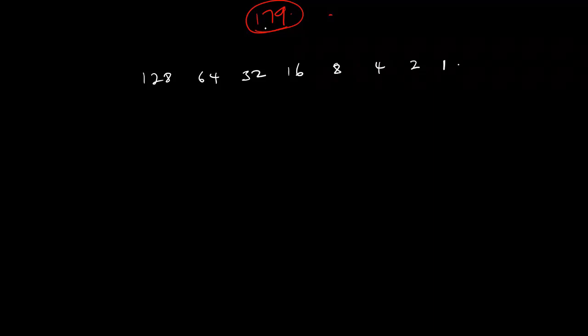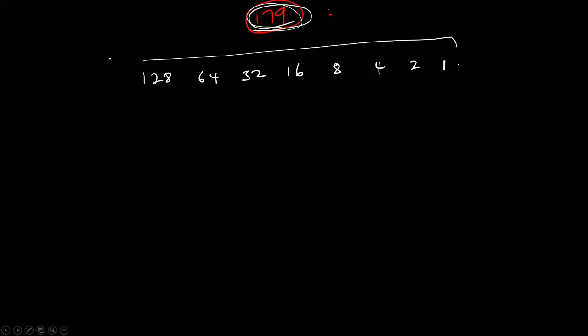So what we are going to do is subtract these numbers from this one by one. We start by subtracting from here. 179, remove 128. What do you get? You get 51. Now the 128 gets a 1. Take this 51 to the next one.